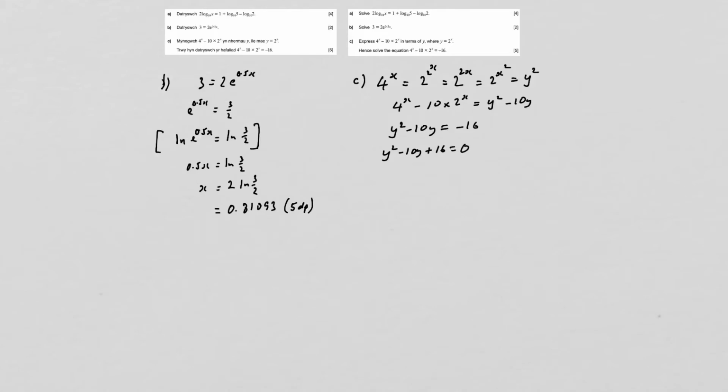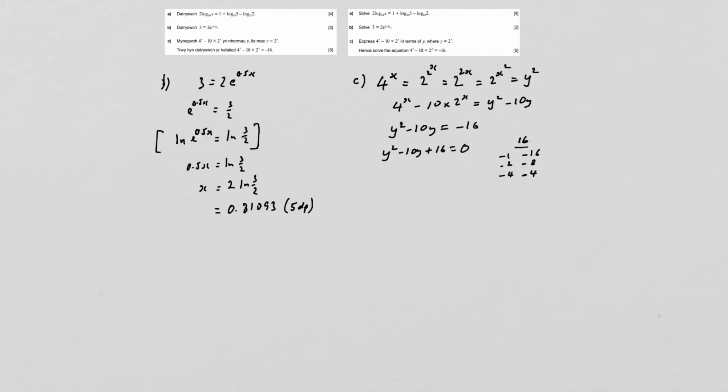And then we think about how 16 splits into factors, because the final term in the quadratic will be two numbers multiplied, and we have a minus for the y term, and because the minus 10 is these whichever pair we need added, they need to be negative, because the final term is positive, so we have to have a minus times a minus or a plus times a plus.